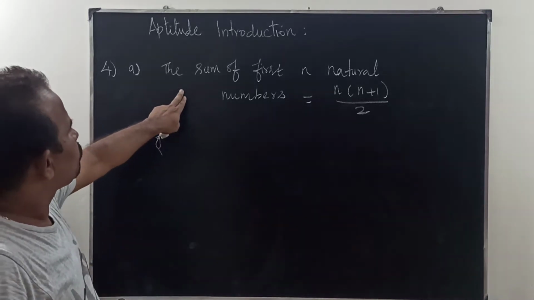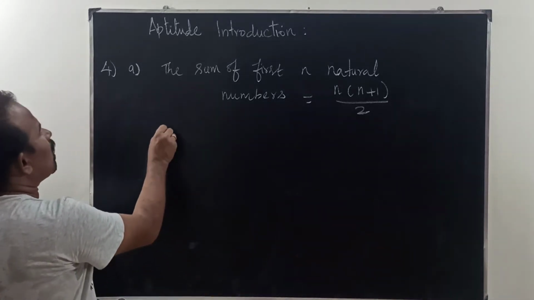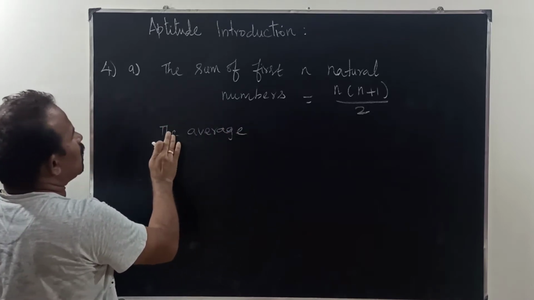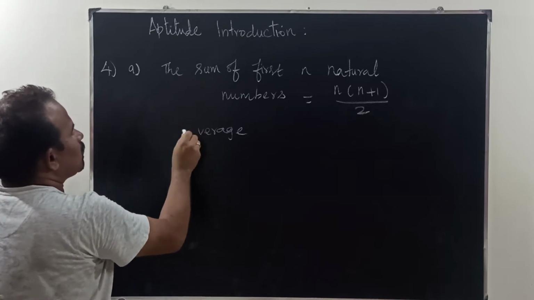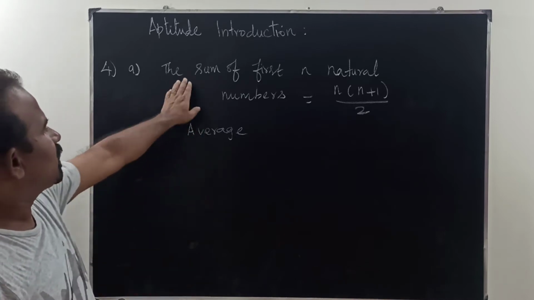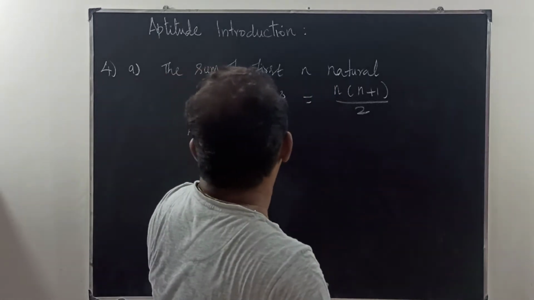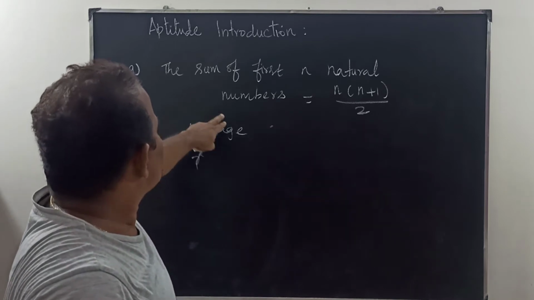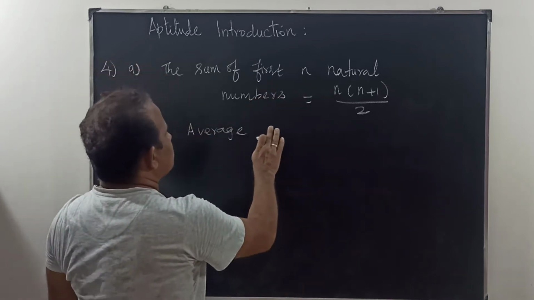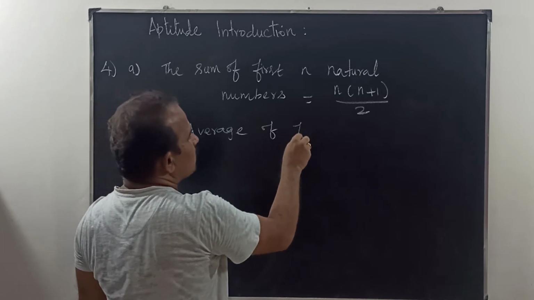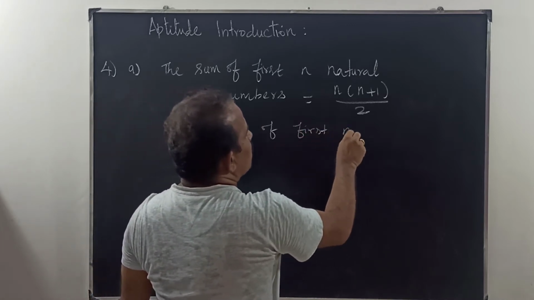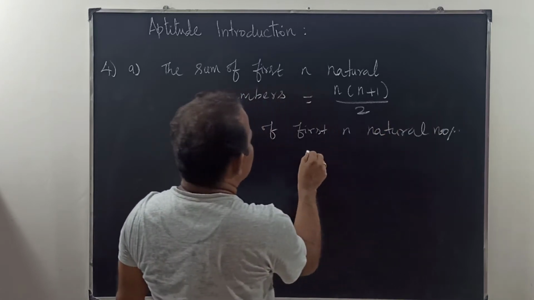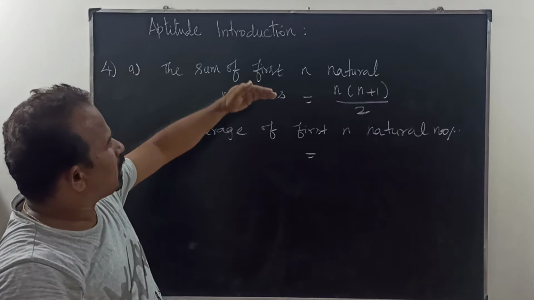So here I can write the average of first n natural numbers is equal to the sum of the numbers divided by n.